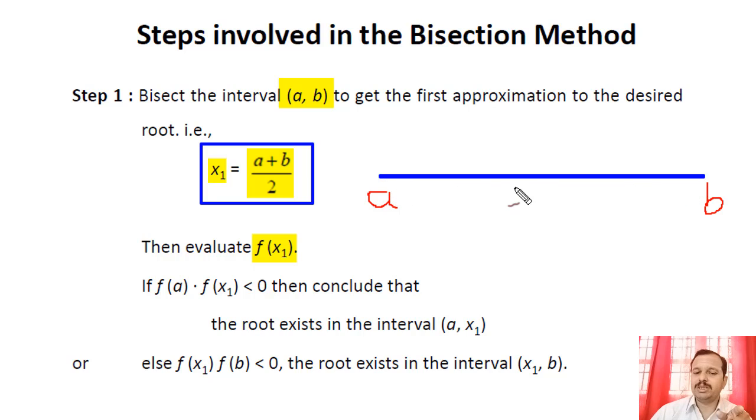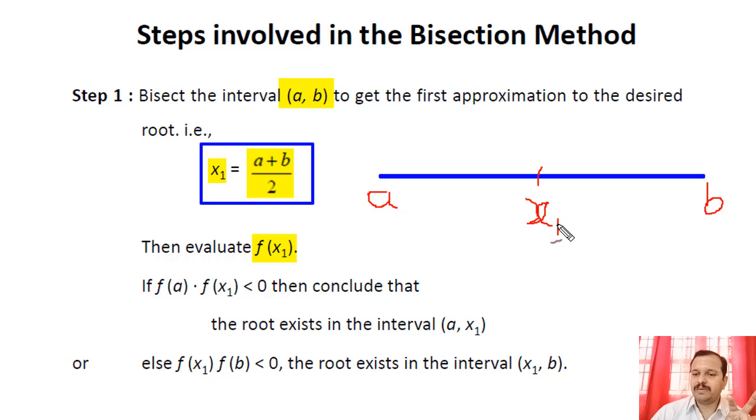What we do by using this formula is bisect. Bisecting means getting a point here, and that point we call x1. After getting x1, once again we find the value of f at this point x1, that we call f of x1. After having f of x1, we look at its sign, whether it is positive or negative.